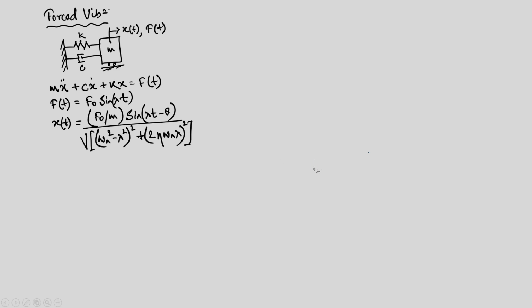And then we have lambda. What is lambda? It is the driving frequency. So, we have the forcing function here, and then that forcing function has a driving frequency which is lambda. So, let us define R, which is the ratio of lambda and omega n.